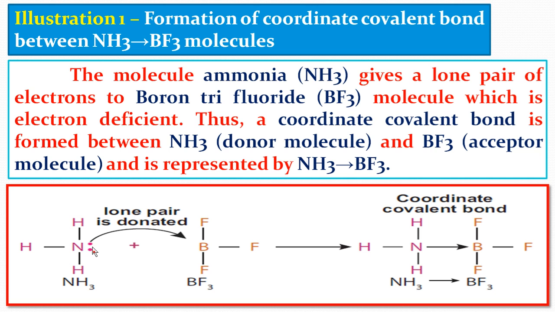So ammonia is called the donor molecule and boron trifluoride is the acceptor molecule. Between NH3 and BF3 a coordinate covalent bond is formed, represented by an arrow, as NH3→BF3.